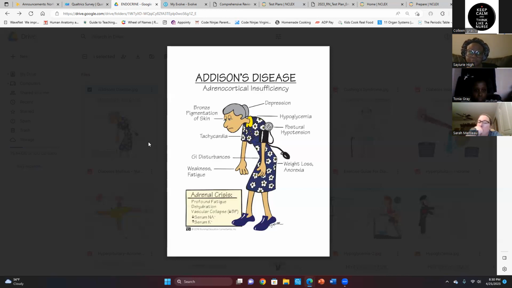Now, something that's important is if you have a patient that is taking corticosteroids for any reason, it's really essential that we teach them to wean themselves off. Because if the patient is taking these steroids for whatever medical reason, and they abruptly stop taking it, they can actually have an adrenocortical insufficiency. That's really, really important to educate them about that.